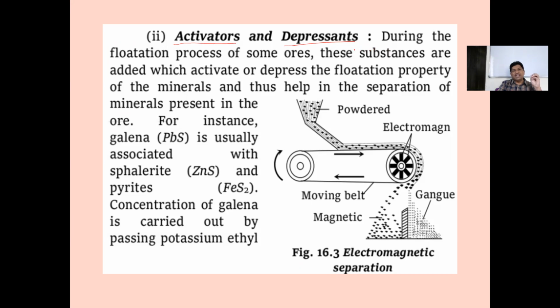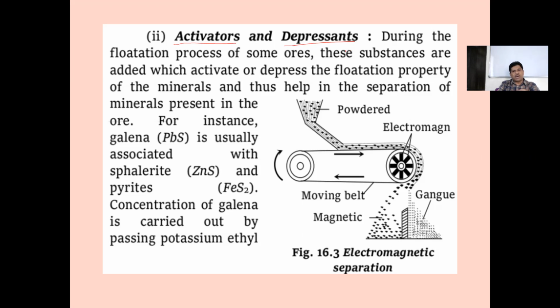When you pass air through this suspension with oil, what happens? The froth will be forming. Froth means foam. The ore particles will attach to the froth bubbles, and the froth will come to the surface of the suspension. From there the froth is separated, and the ore particles are separated. At the bottom, impurities will be left over.